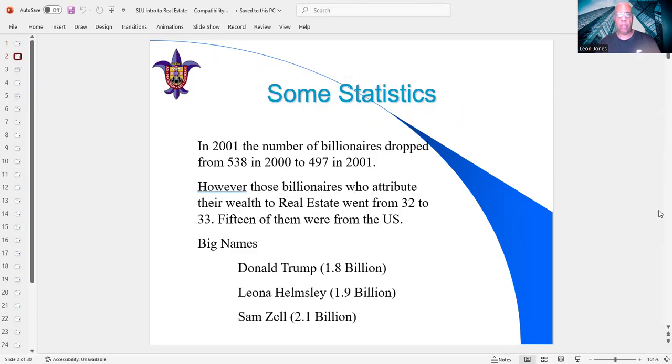In 2001, the number of billionaires dropped from 538 in 2000 to 497 in 2001. However, those billionaires who attribute their wealth to real estate went from 32 to 33. 15 of them were from the US. And some of the big names: our president, Donald Trump, Leona Helmsley, who is no longer with us, and Sam Zell.